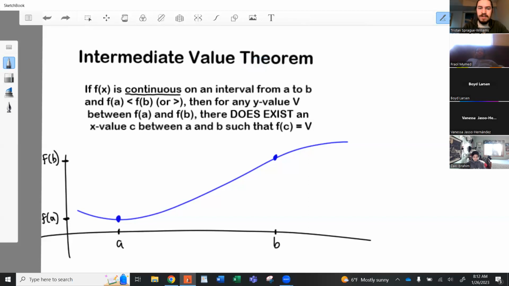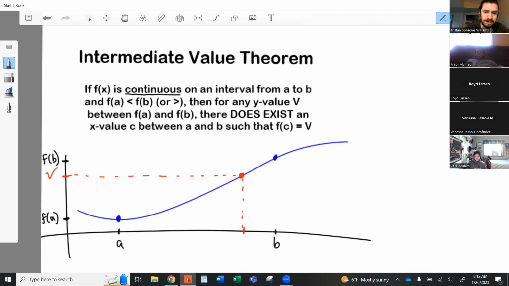Here's what the intermediate value theorem is saying. If you take any y value in between these two, let's take that for example, then there's guaranteed to be a point on the graph on this interval between a and b which is at that height.